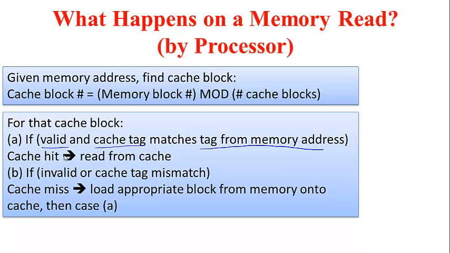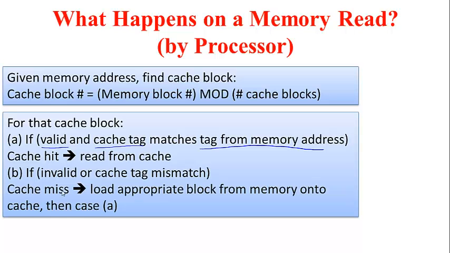If they match, this is an indication that the data in the cache is indeed the data which is actually present in that particular memory address in main memory. So in this case, we have a cache hit, which means that we can read that particular memory address which the processor is trying to access from the cache.